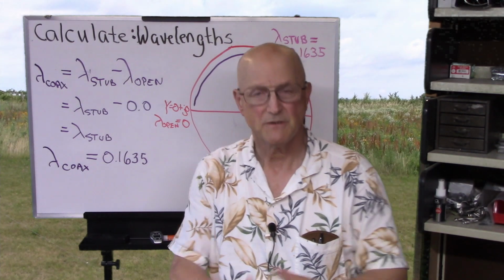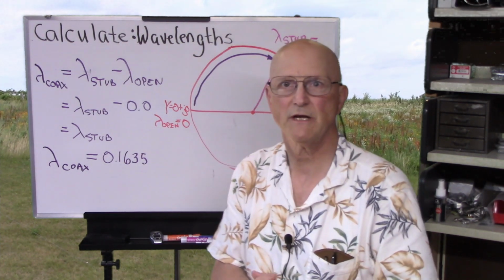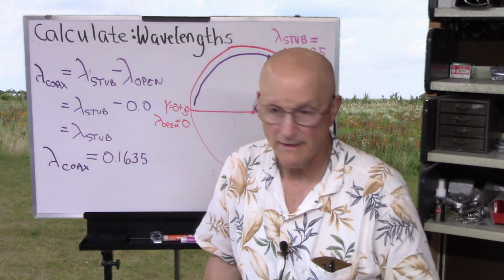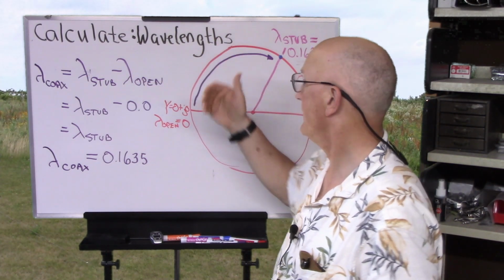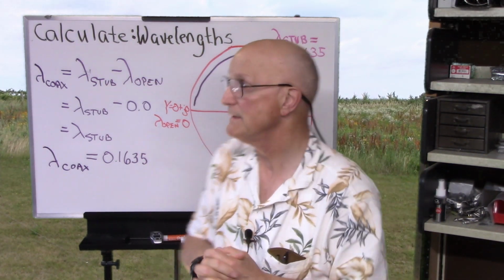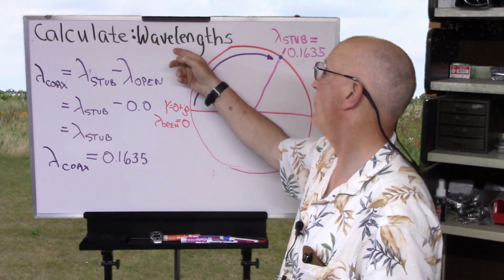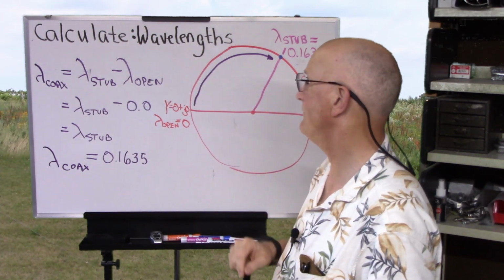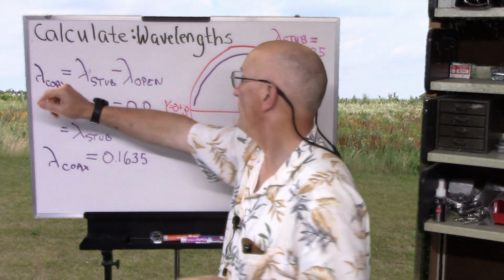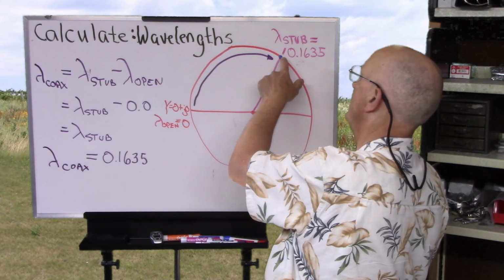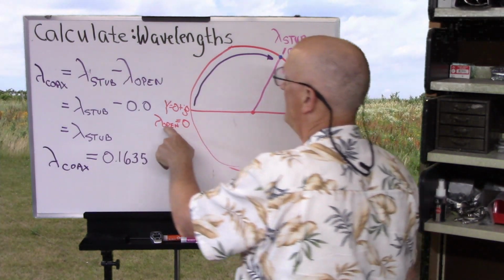The first step, just like with the admittance transforming piece of coax, in calculating the length of our stub is to calculate it in terms of electrical length in wavelengths. So here is our stub right here. We're moving from the open.